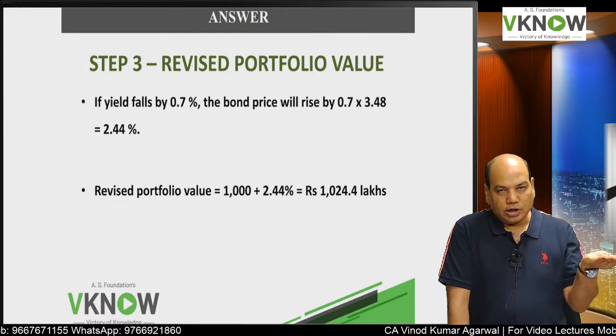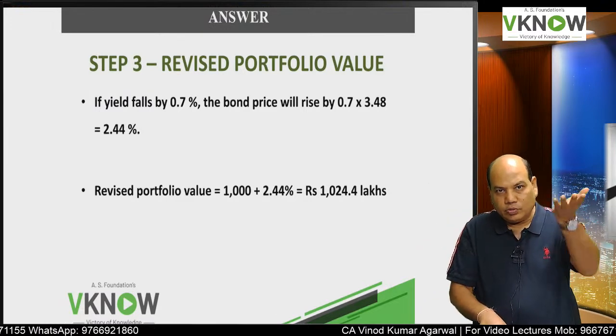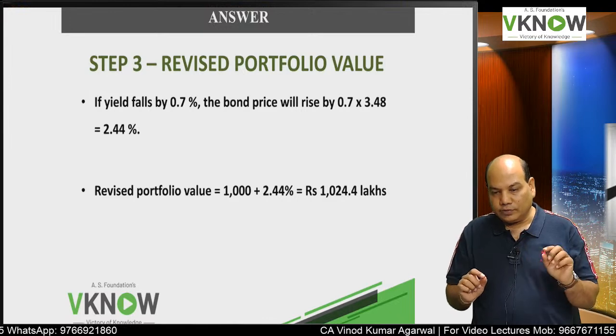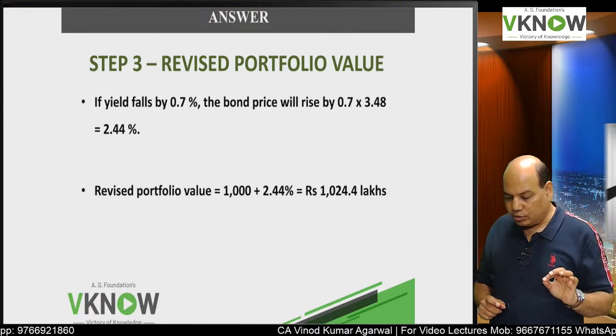Bond value will increase because YTM is going down. So if YTM goes down, bond value will go up to the extent of the change in yield into modified duration.